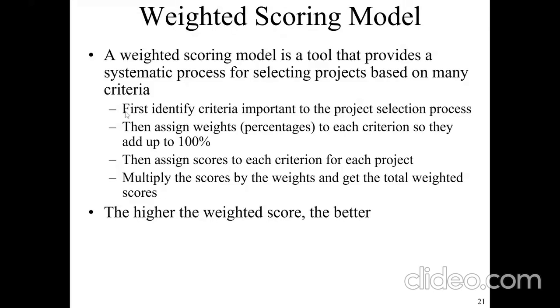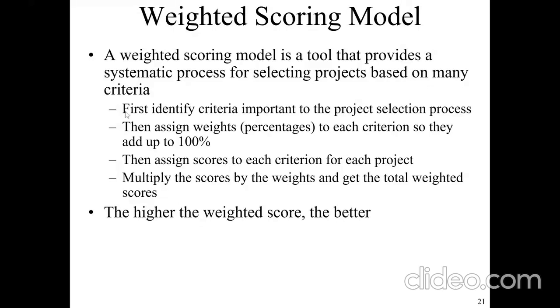So for weight, I'll give, let's say, 50% of the criteria. When you finish, when you sum up the percentages for all the criteria, they sum up to 100. They must compulsorily add up to 100. So let's say for the weight, I'll assign 50%. So you must have a 50% pass mark for the weight.